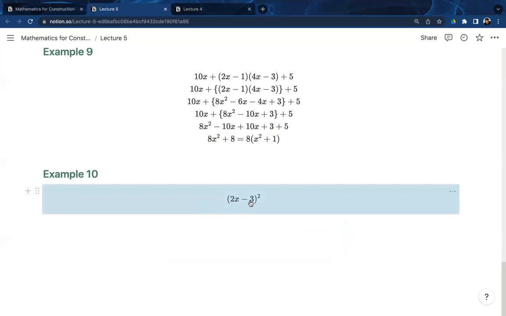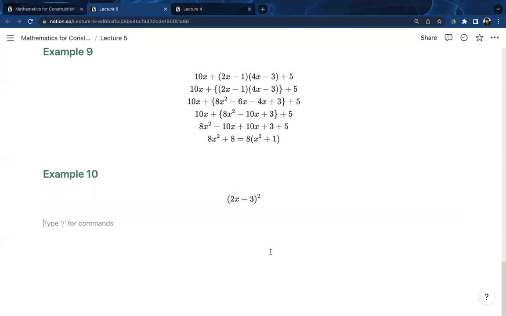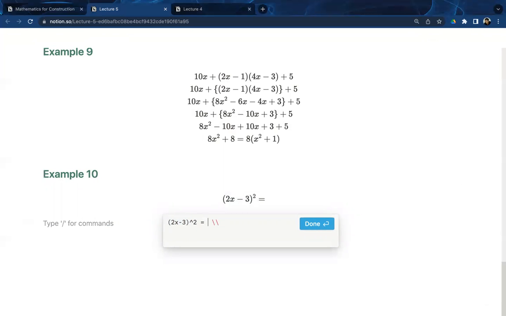What if I said 2x minus 3 all squared? How would you do this? What is the definition of squared? Squared means the bracket multiplied by itself, right? So you just write this twice, and then you just expand it, okay?